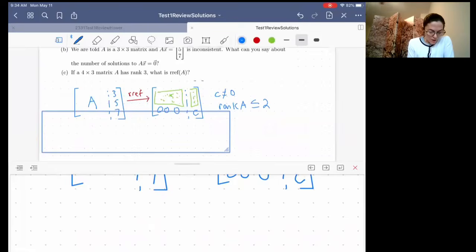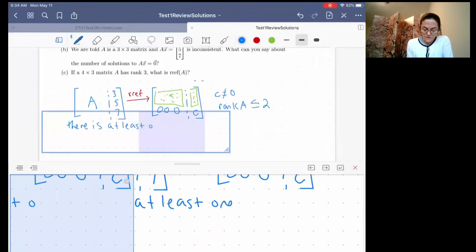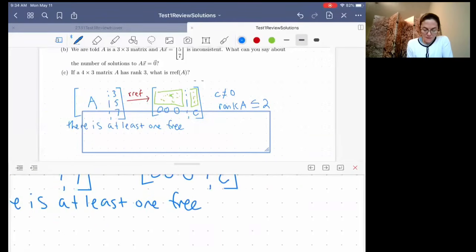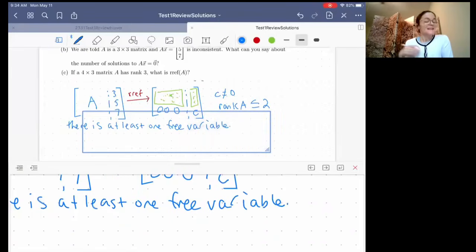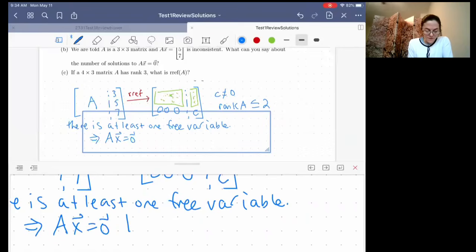So therefore, there is at least one free variable, because A is 3 by 3 with rank less than or equal to 2. If you have at least one free variable, you can then conclude AX equals 0 will have infinitely many solutions.